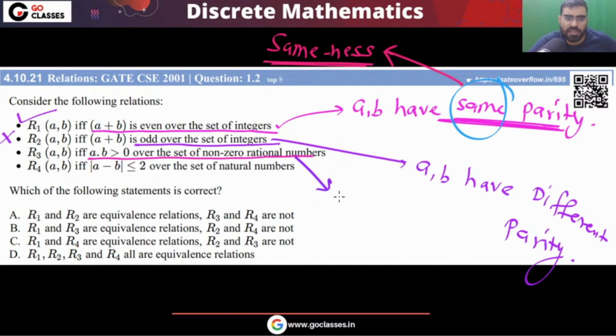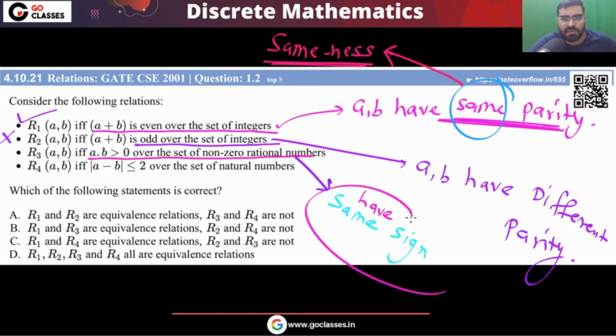Multiplication is positive, which basically means they have the same sign. Do you agree? So this is also sameness. R3 is also an equivalence relation because this is also talking about sameness. Please tell me, is this clear to everyone?